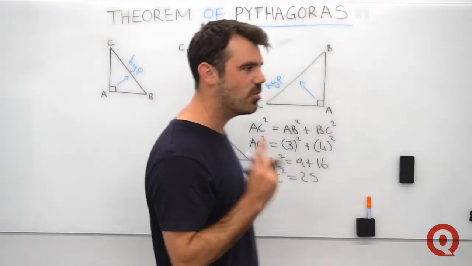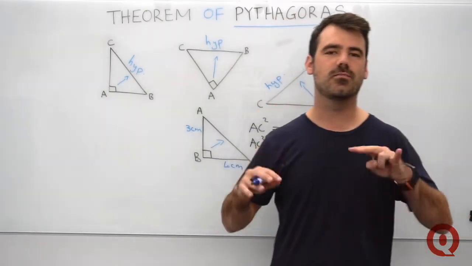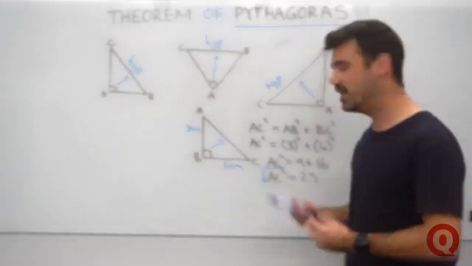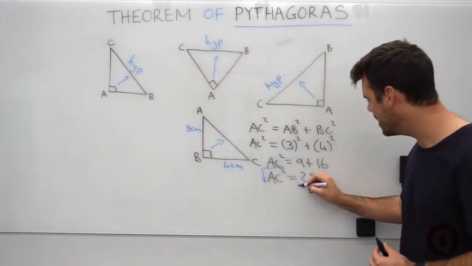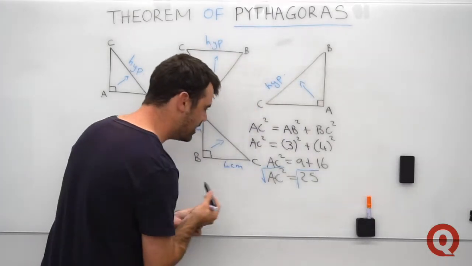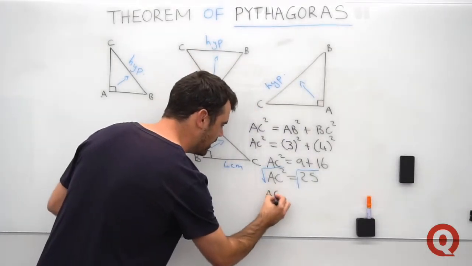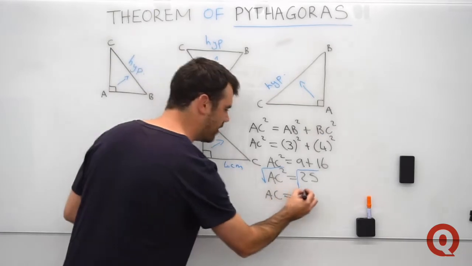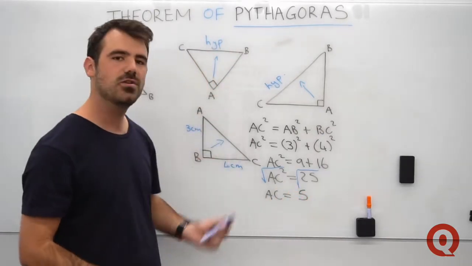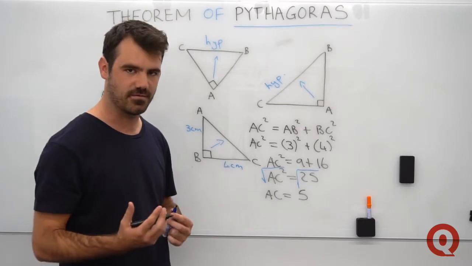But because it's an equation, I need things to balance. Remember we spoke about that seesaw life? I need it to balance. It means that I'm going to have to square root the other side. So now I've got my final answer. AC is equal to 5. And that's that. That's a simple example using the Theorem of Pythagoras.